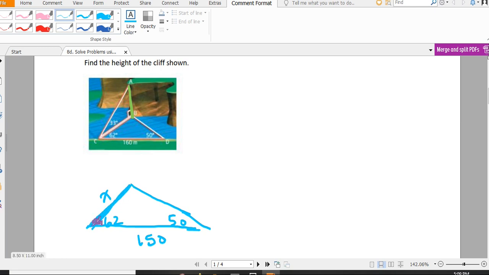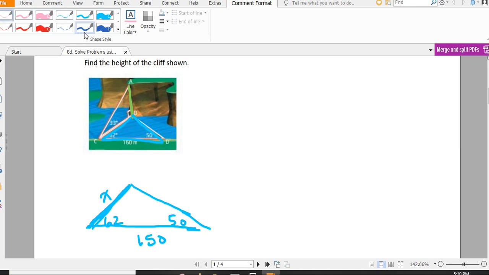Why just that side? Because this is the side that is shared with the right angle triangle. So let me just highlight this in blue to show which one I blew up. Is that 150 or 160? I'm going to assume that's 150.